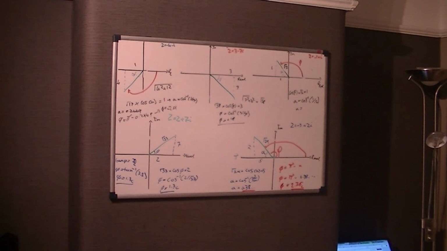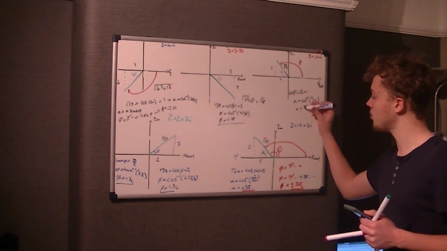I haven't written this answer down properly, so I just have to do that on my calculator. So you do the cos inverse of 1 over root 2, which I get an answer of pi on 4. Let me convert my calculator to radians. Yeah, pi on 4.